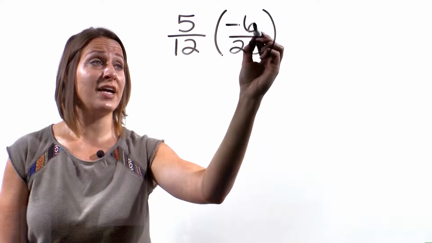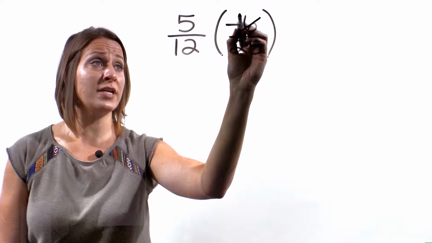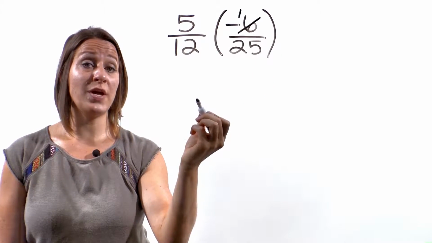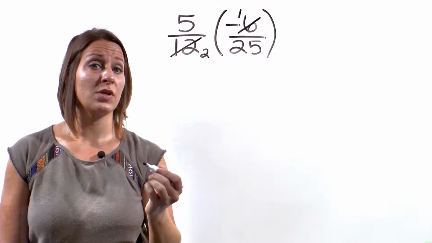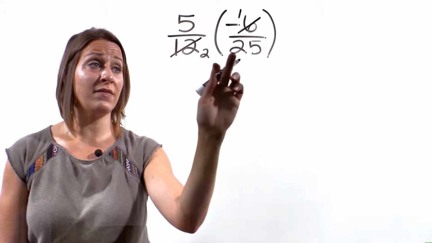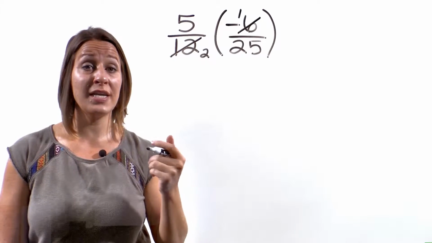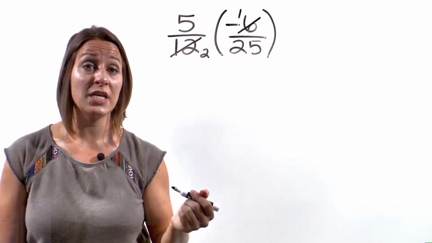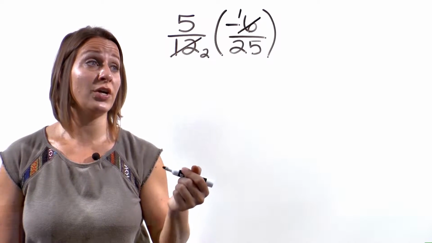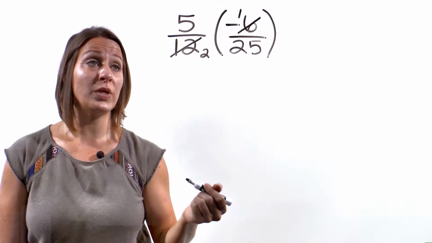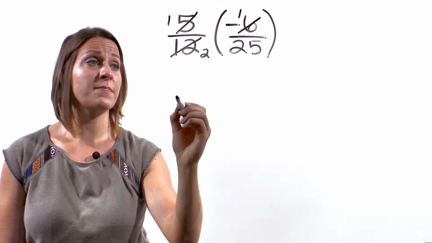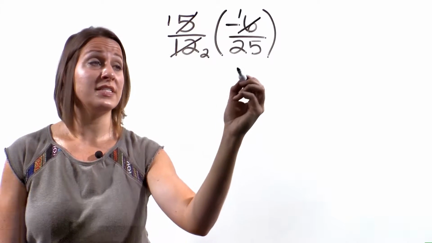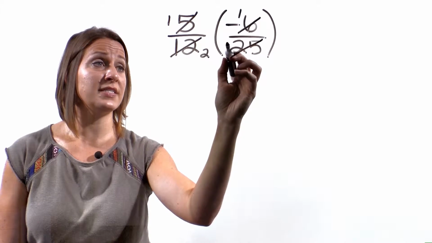So 6 divided by 6 is 1, and 12 divided by 6 is 2. Also take a look at the 5 and 25. Now again, even though they're in different fractions, as long as one is in the numerator and one is in the denominator, we can reduce. 5 divided by 5 is 1, and 25 divided by 5 is 5.